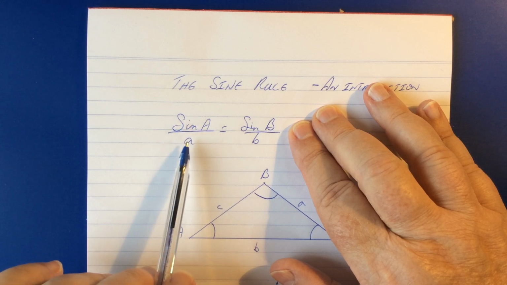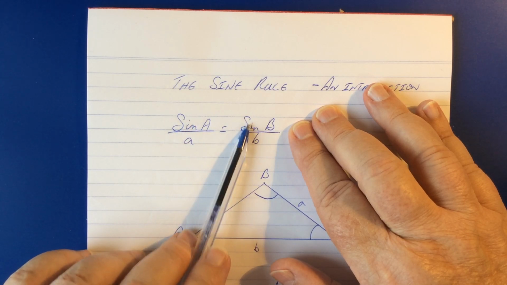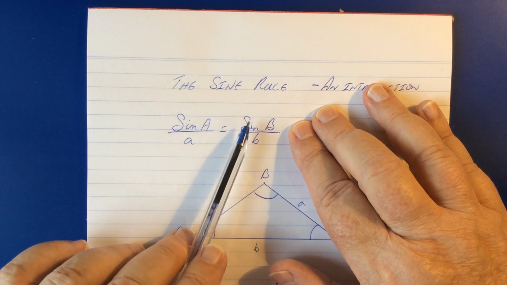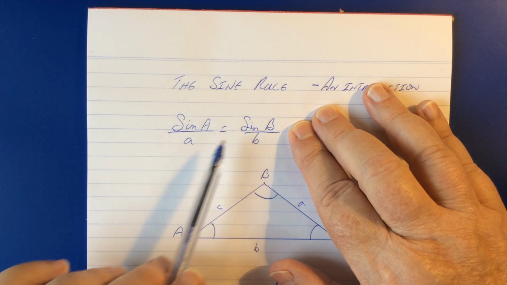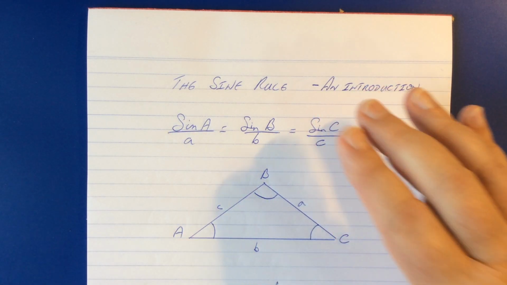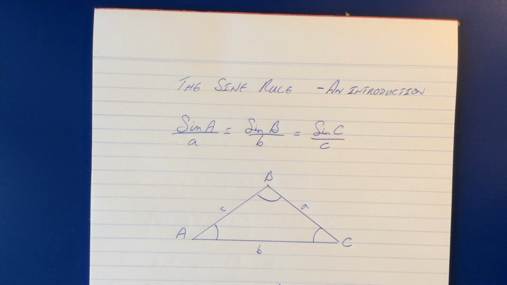So if you've got the sine of A and the length of a, and the sine of B, you can find b. If you've got the sine of B and b, and you've got the length of a, you can find the sine of A and get out your calculator and find out what that angle is.